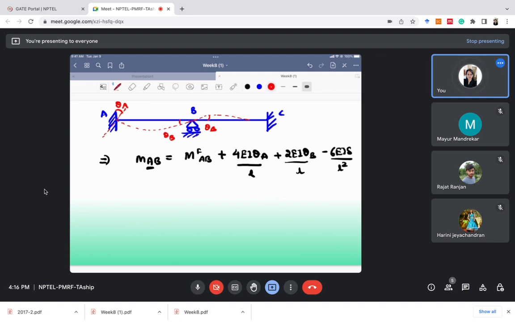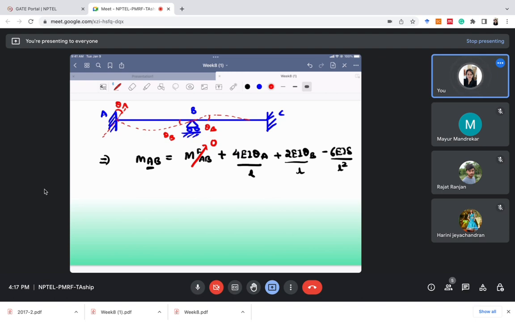Now let's see which of the terms are known to us. MFAB is the fixed end moment AB due to external loading. In the span AB, there is no external loading, no load is applied here. So the MFAB term will be 0.